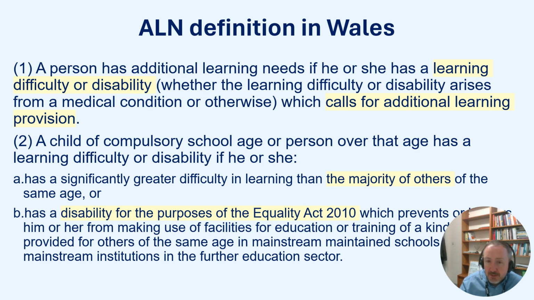In other words, if the learner's needs are not being met by what the school is doing to support learners generally, and they need some form of additional or different provision, then the terminology and definitions suggest that learner has additional learning needs.